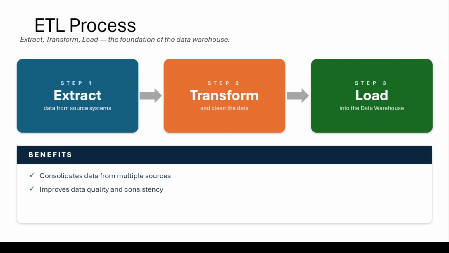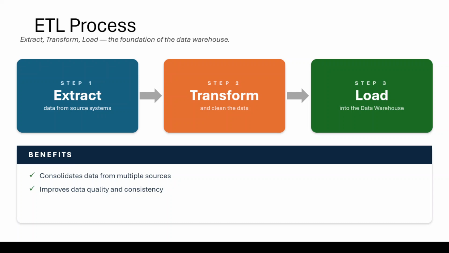Extract data from the different source systems. That can be anything: a structured data source, an unstructured data source, or a semi-structured data source. The extract process extracts the data from the different source systems, and then it is transformed in the transform step, where data cleansing comes into the picture.